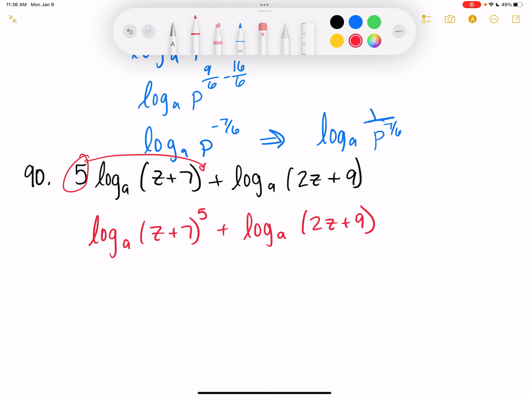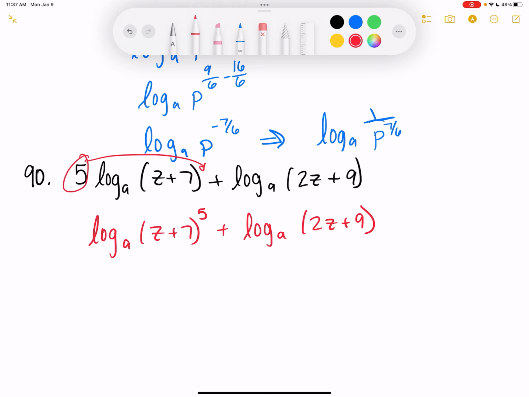So sum of logs, and what do I do? My brain isn't working right now. The log of the what is equal to the sum of the logs? The log of the product. So what does that mean I need to do? Get rid of the 5 at the top.